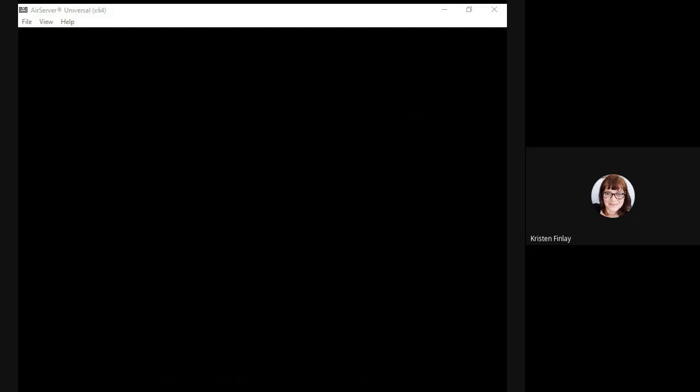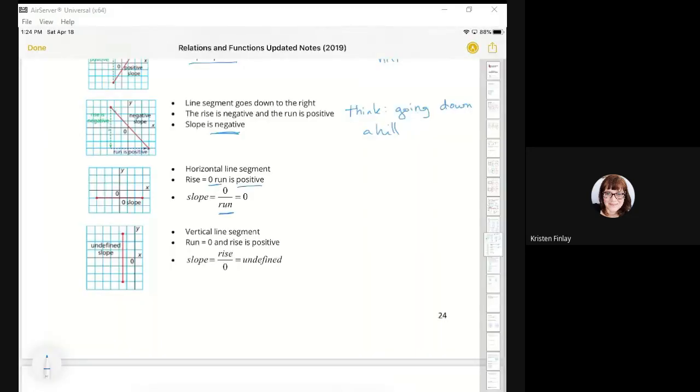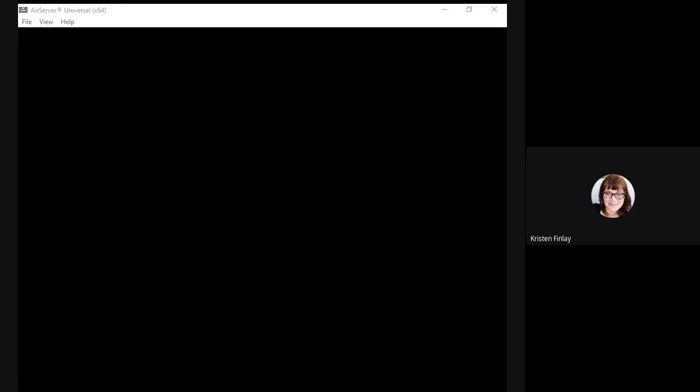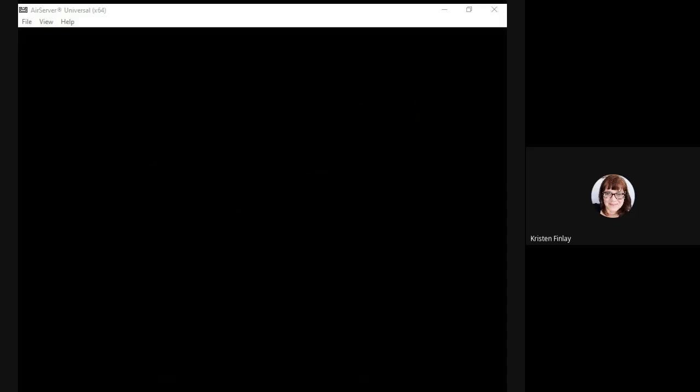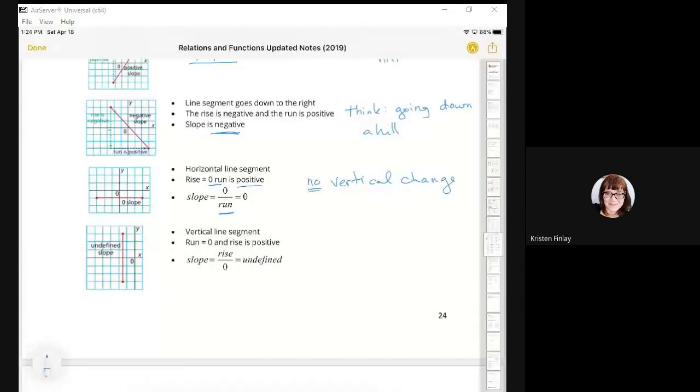So for this, the slope is equal to 0 over the run, whatever that run might be. If it's 5, if it's 10, if it's a line with an arrow on both sides, then it's infinity, but it would be a slope of 0. So there is no vertical change.